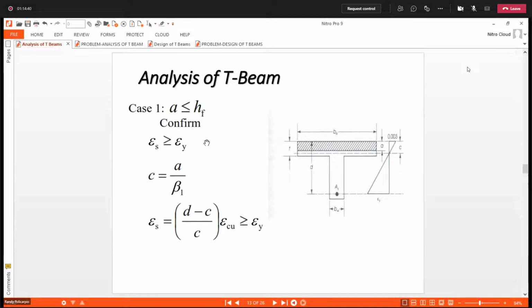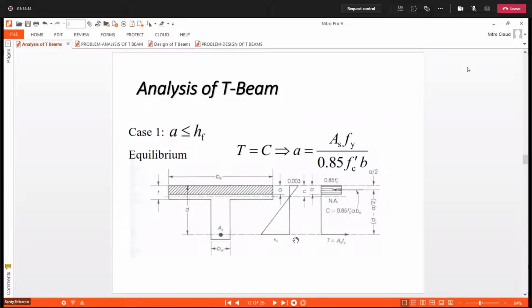Then you confirm if really a is less than or equal to hf using this formula.